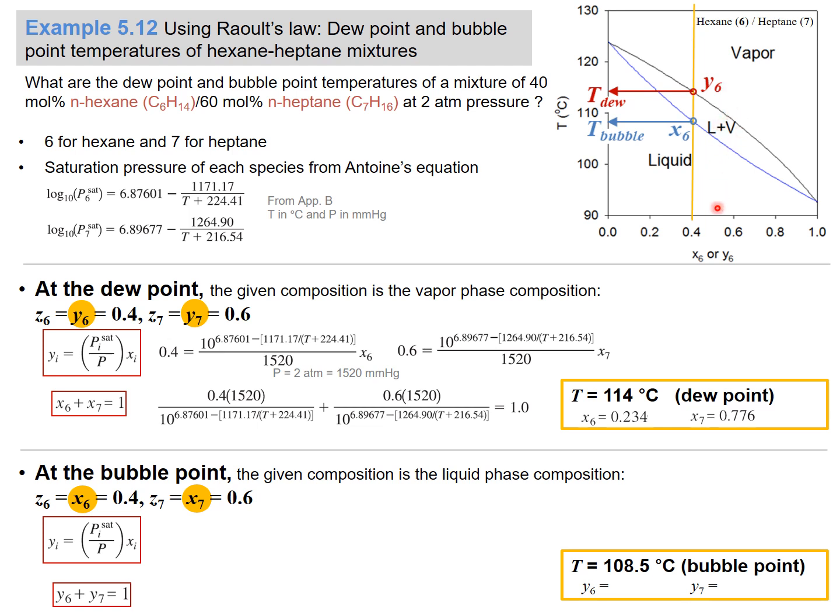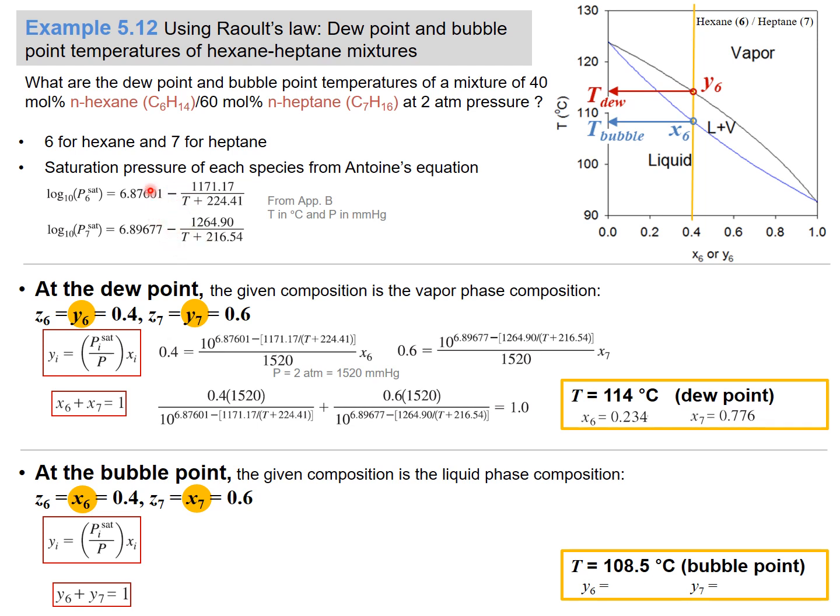But anyway, we have 40 mole percent hexane and 60 mole percent heptane at a total pressure of 2 atm. Then the question is, what are the dew point and bubble point temperatures? 6 for hexane and 7 for heptane, and here's the Antoine equation for hexane and heptane.